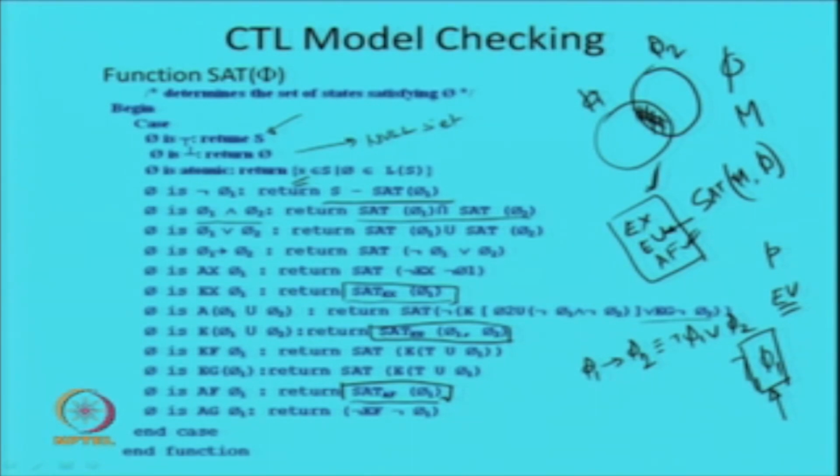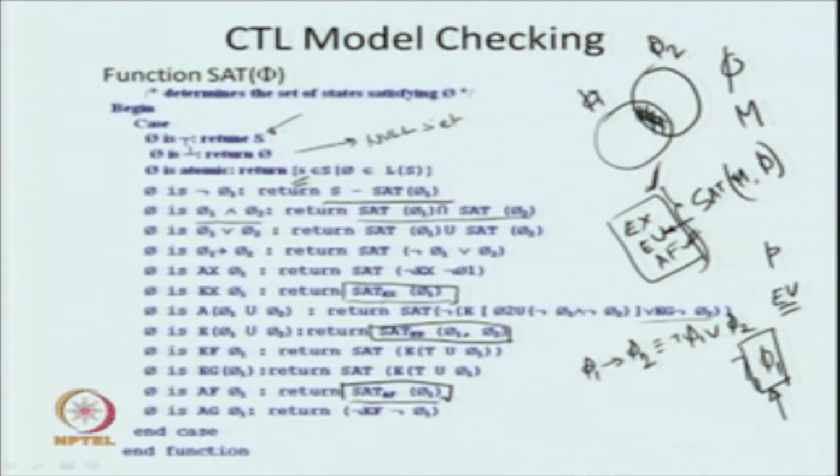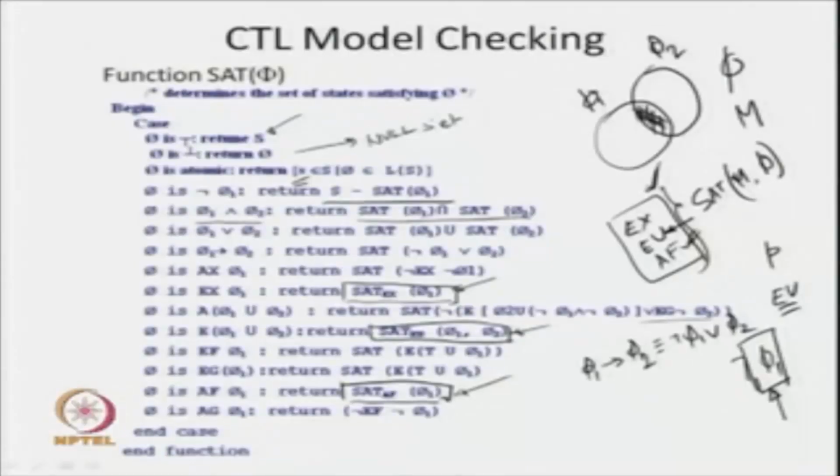Since this is the minimal set of operators, we need the method for these three operators: E X, E U and A F, and in these three positions we are going to call the appropriate method. So, what we have seen is that for any CTL formula, we convert it to the appropriate sub formula and get the set of states where the given formula is true.